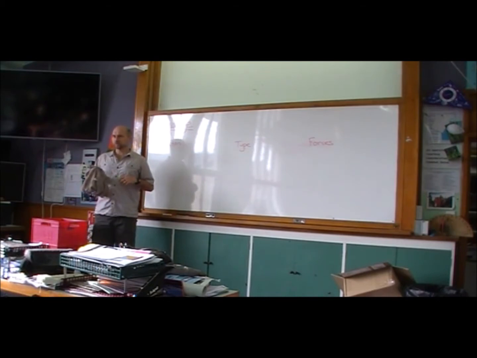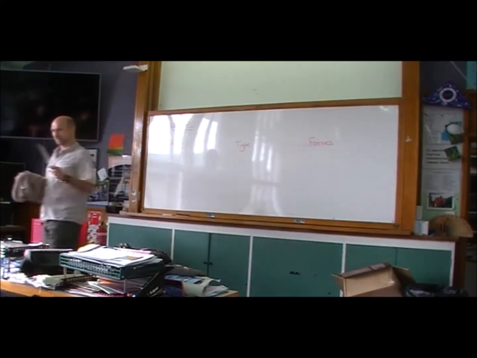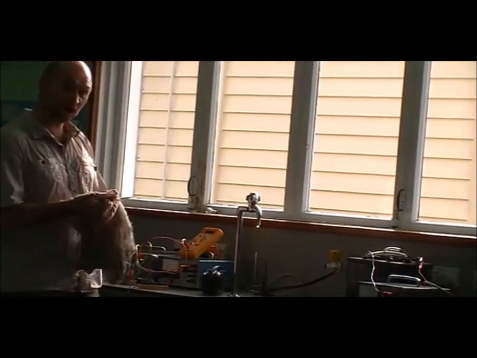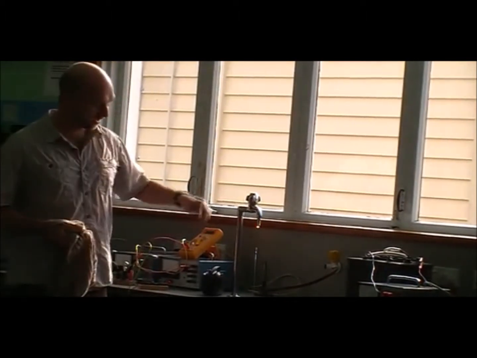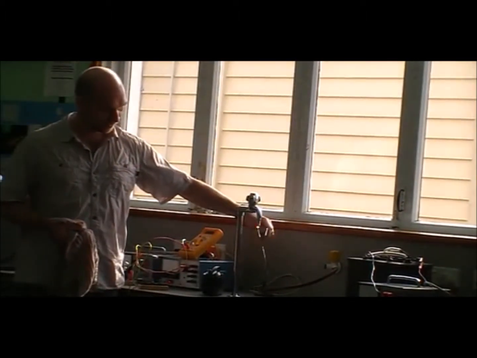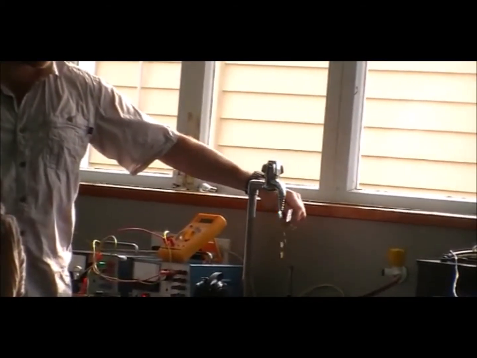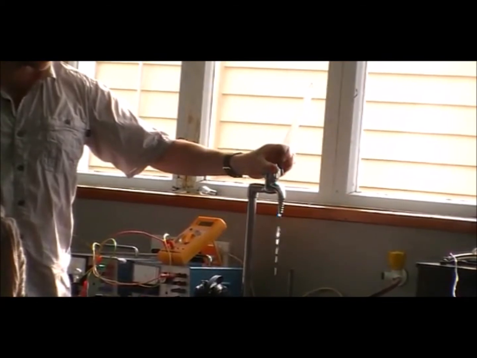There's a really cool little thing we can do down by the tap to see this charge. If we get a little stream of water running and then charge up our object, we can bring our object close to the stream of water and see the effect of that static electricity.